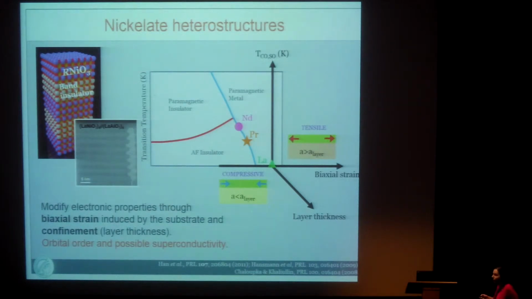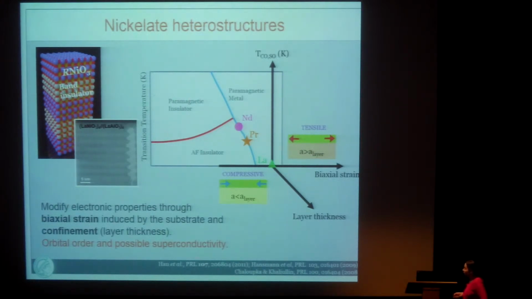We have, also in comparison to what Marta presented, essentially looked into multilayers and heterostructures composed of the rare earth nickelate with a large band gap insulator. Our motivation was to modify the electronic properties through the biaxial strain induced by the substrate, and to study the effect of confinement when reducing the layer thickness between these two band insulators.